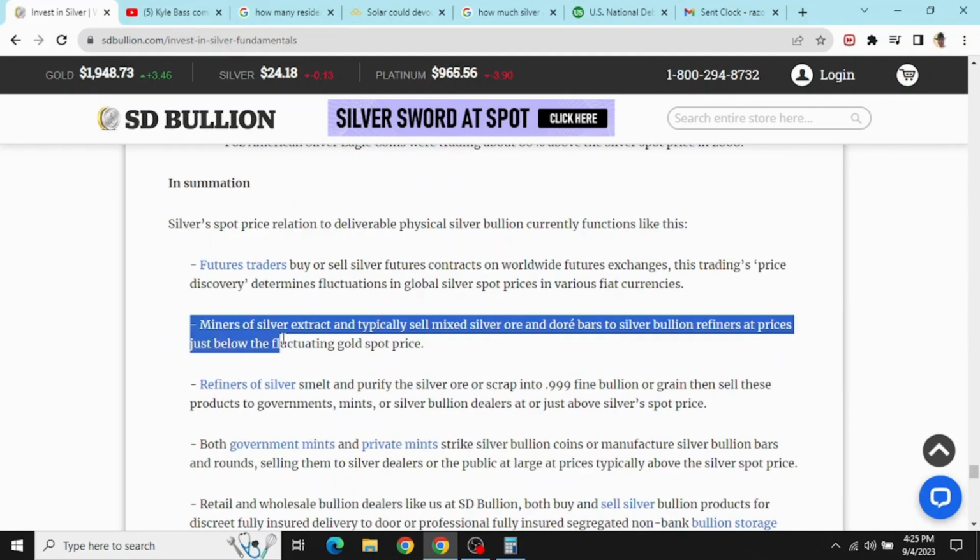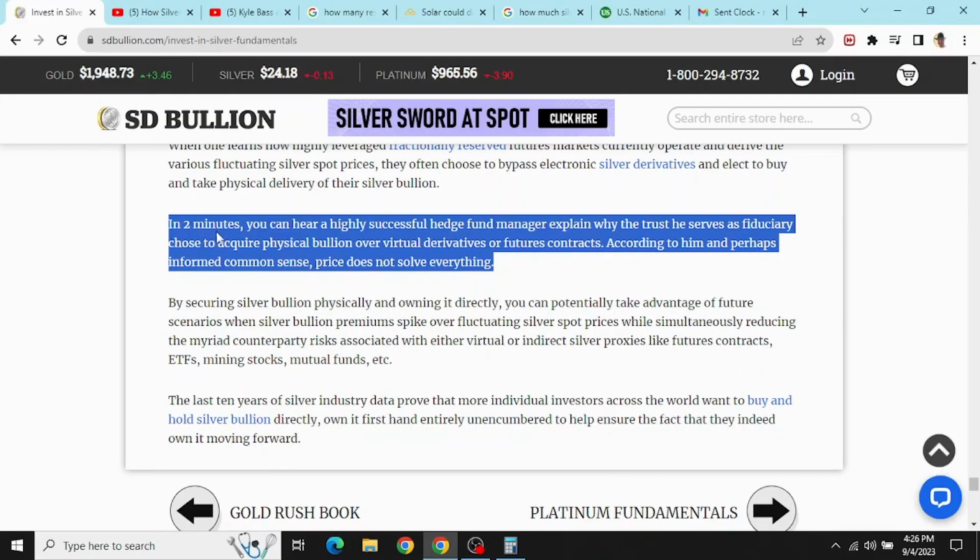So basically, miners of silver extract and typically sell mixed silver ore or doré bars to silver bullion refiners at prices just below the fluctuating silver spot price. Here in 2 minutes, you can hear a highly successful hedge fund manager explain why the trust he serves as a fiduciary chooses to acquire physical bullion over virtual derivatives of futures contracts.